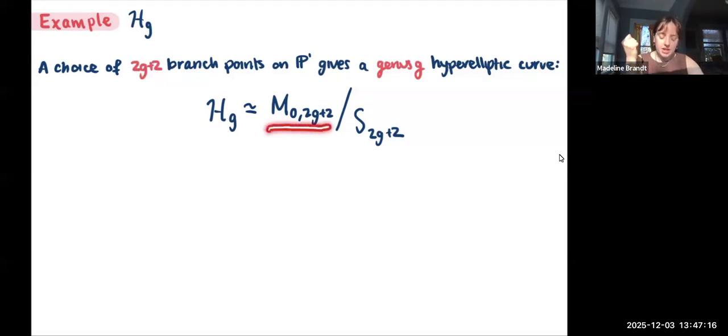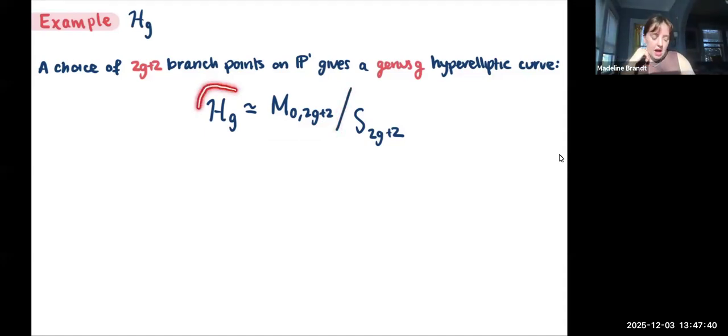So I pick out my 2G plus 2 branch points on P1 by selecting a point in M0,2G+2, like M0,N where N is now 2G plus 2. That's pretty good, but the points come with an ordering in M0,N. So what I want to do is mod out by the symmetric group action that permutes the labels on the points, which just forgets the labeling.